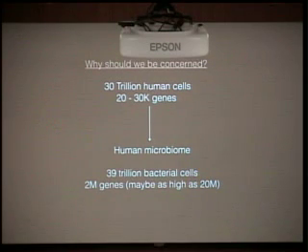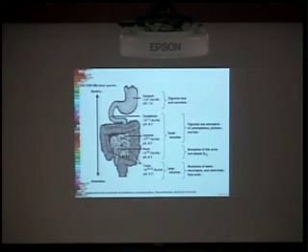But this is the problem. We have a huge, huge growth of these type of genes. And if you look at where all the bugs are, anaerobes to aerobes to anaerobes, you can see that the stomach has 10 to the second colony-forming units per milliliter. And if you get down to the colon, it's 10 to the 12 colony-forming units per milliliter.